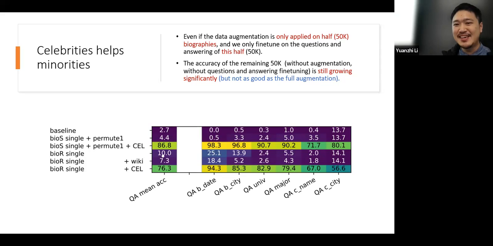And the answer is yes, actually. For the remaining 50K without any augmentation and without any question answering, the accuracy is still growing very significantly. Although it's not as good as if you do the full augmentation, it still grows very non-trivially. You can see here, this is celebrity, and then this is single plus permute one.